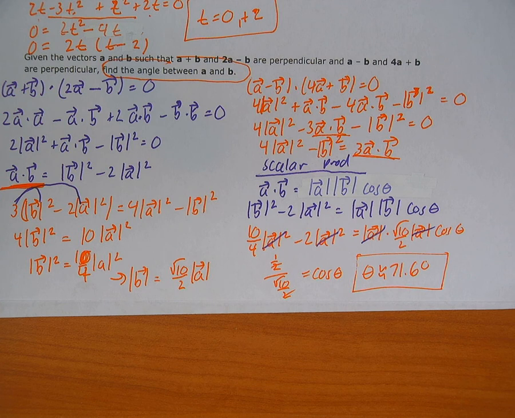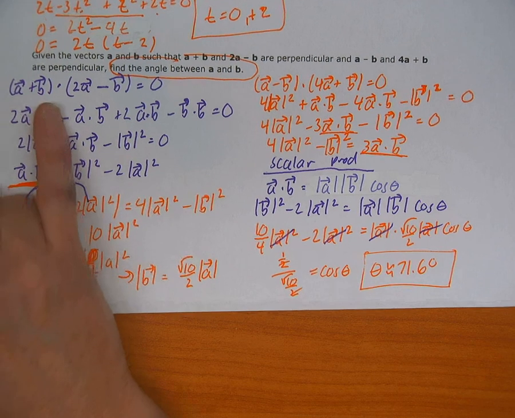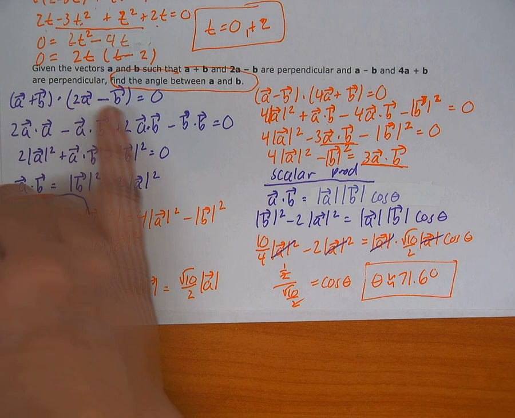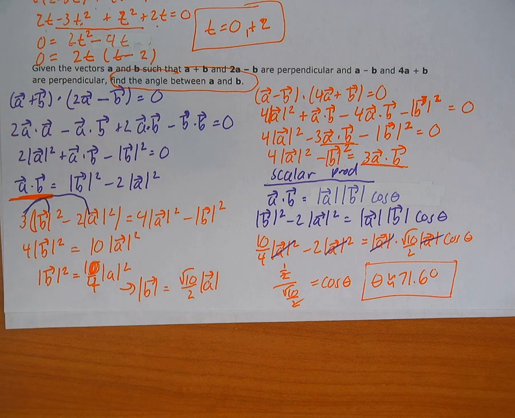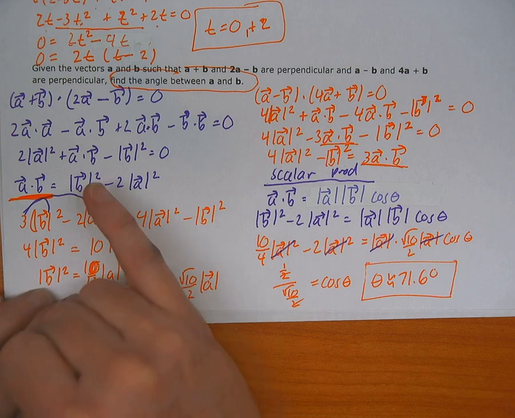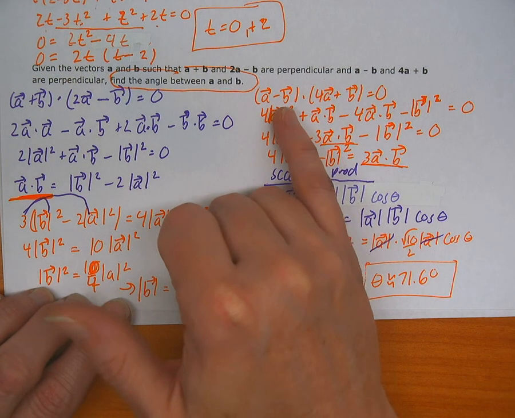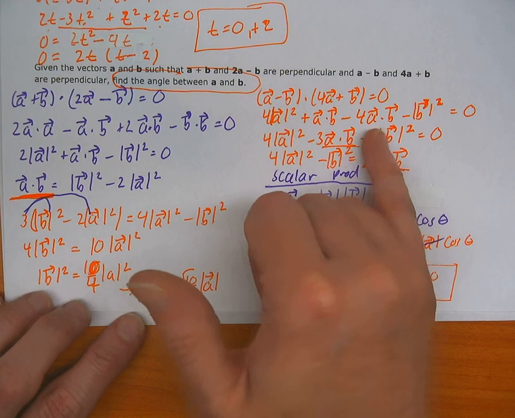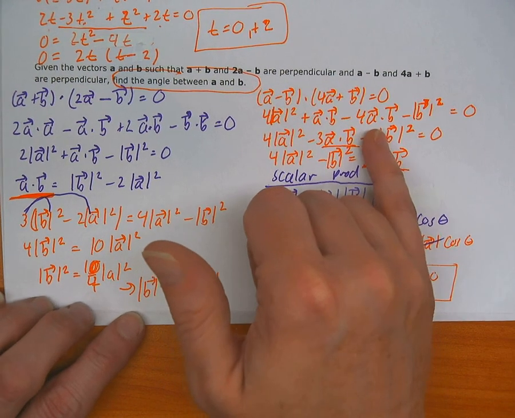Notice that we used a lot of the rules from the previous example. We were able to distribute vectors because now that we know that dot product of vectors is distributive, we know that it's commutative. So like here, when I multiplied vector B times vector 4A, I didn't write it in that order because I knew I was allowed to switch them because it's commutative.